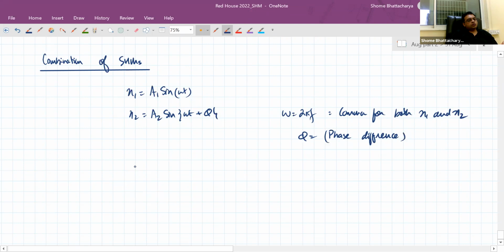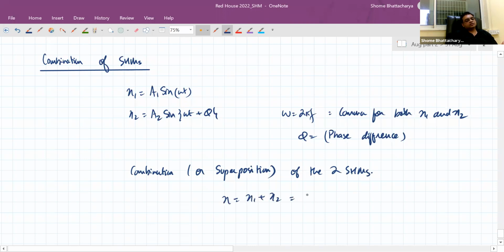So now the combination, or superposition, means overlap of the two SHMs, that results in this. So this becomes a sort of application of trigonometric identities.